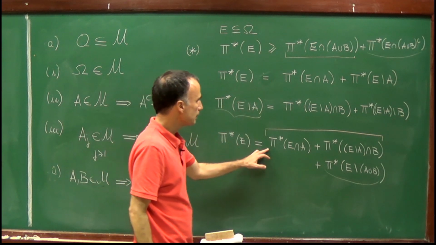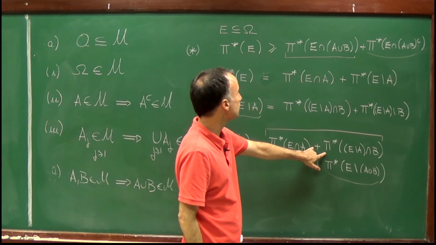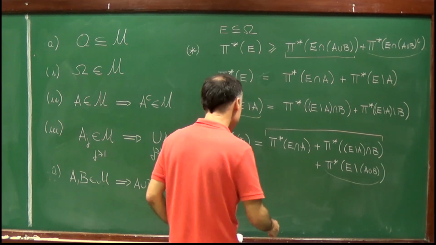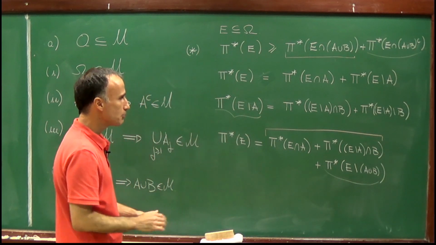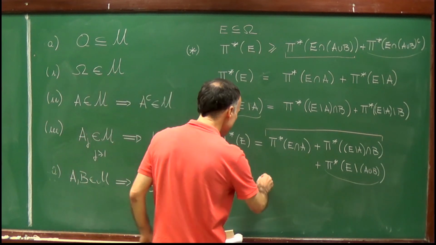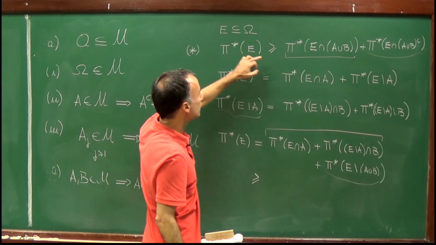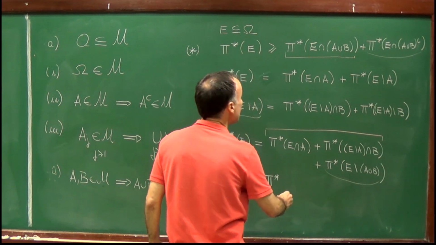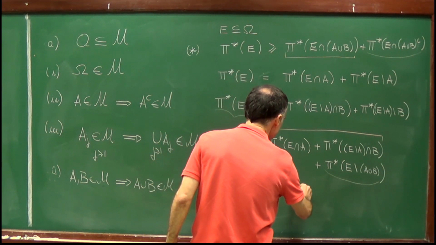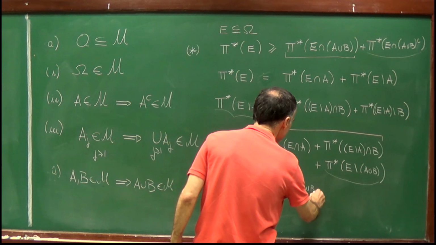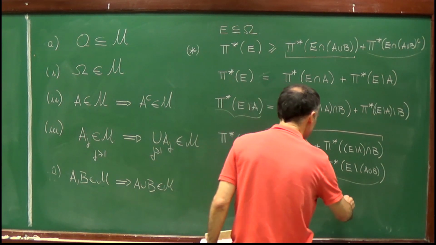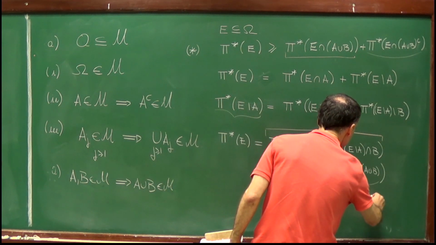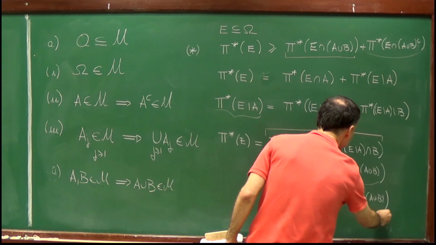Right? If you can prove that these two terms... what we need to show, we have this identity. So let me take back what I just said. We have this identity, so what we need to prove is that this expression is greater or equal than P star of E intersection A union B plus P star of E minus A union B, right?